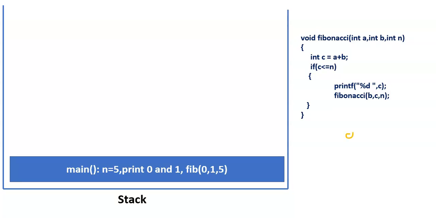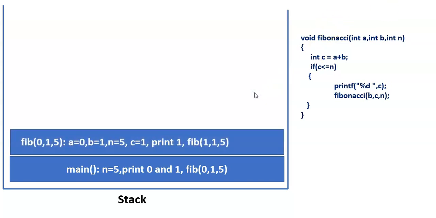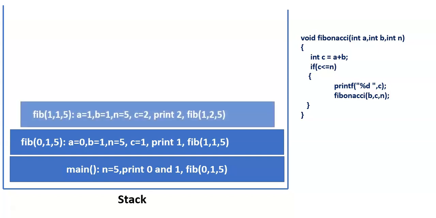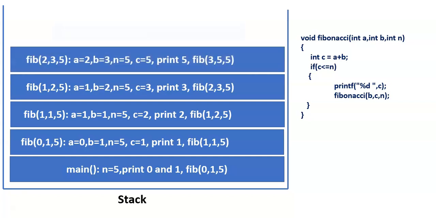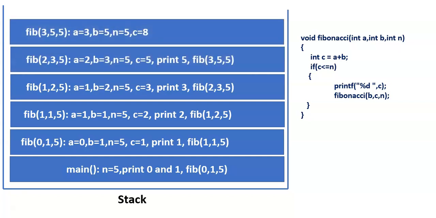That means it will print values in the output first of all, and then it is calling the fib function, and fib will call fib again, and similarly so on. The functions are placed in the stack here as they are called.